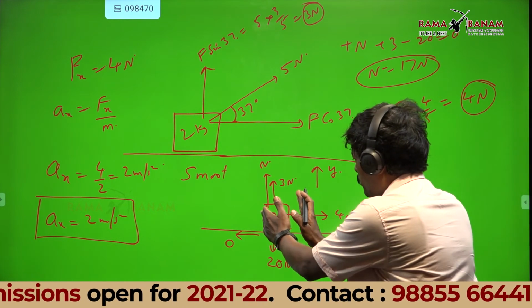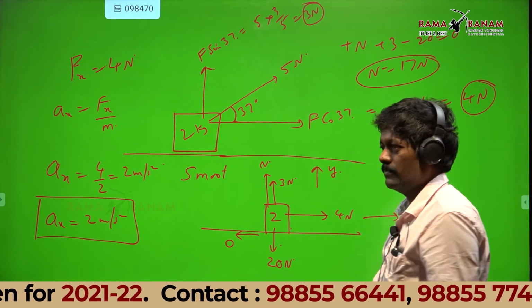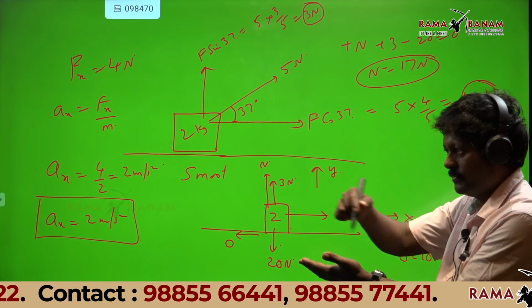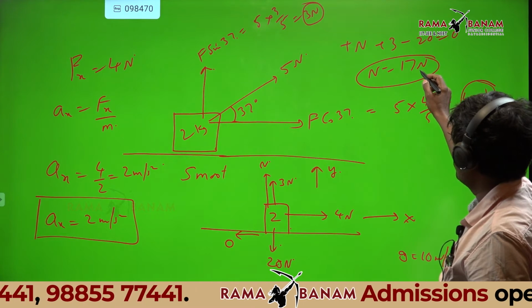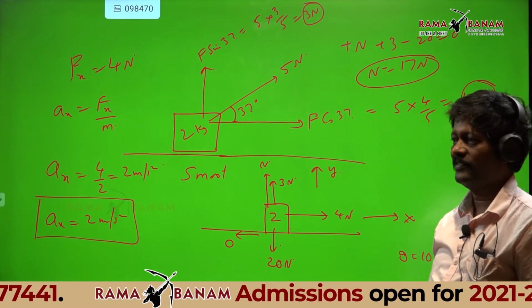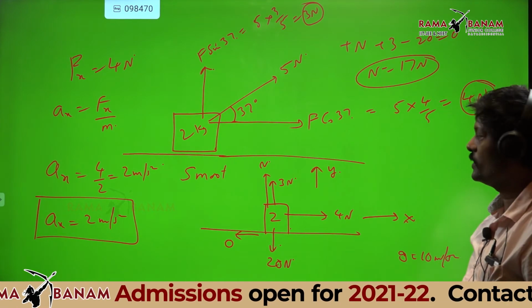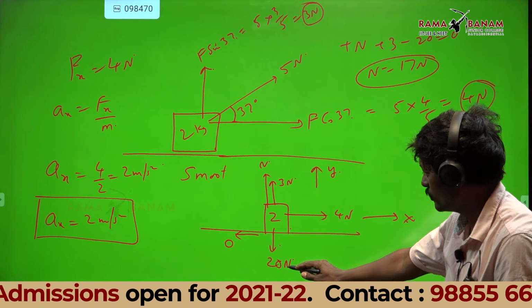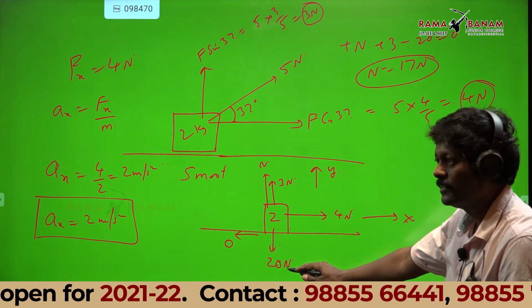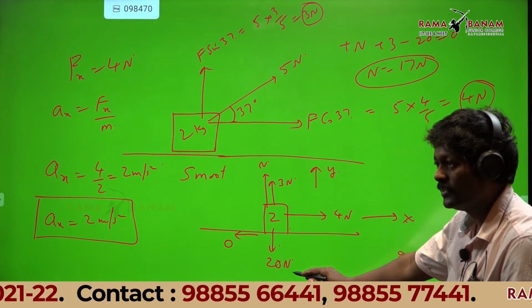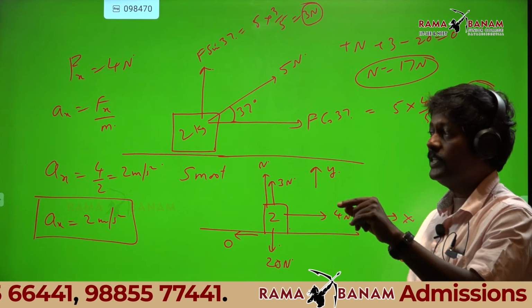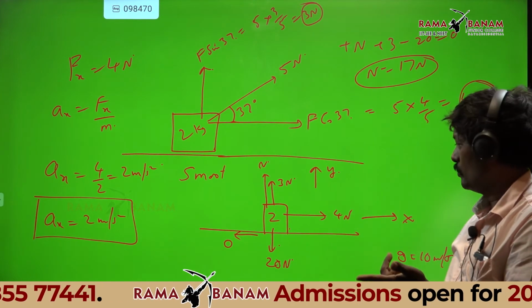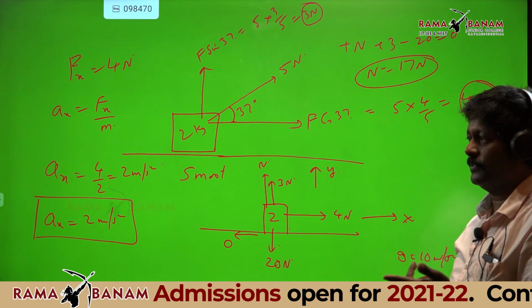If I put this block on the weighing machine, the weighing machine will record 17 Newtons. It appears to be 17 Newton. Actually, what is the weight of the body? 2 kg is mass. Weight is mg. What is the weight of the body? 20 Newton.